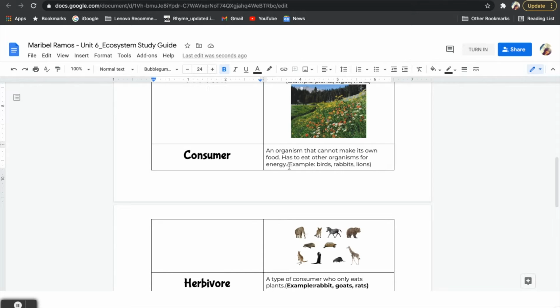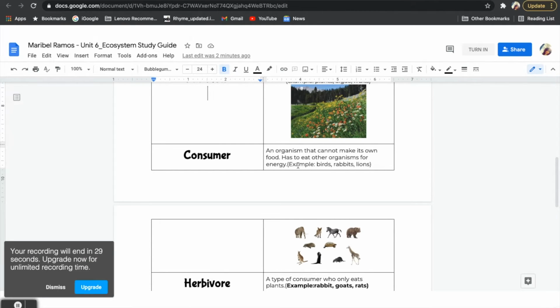Some consumers like to eat certain plants. Other consumers like to eat animals, or some consumers like to eat both. Some examples of consumers are birds, rabbits, lions, and grasshoppers. All these different animals are consumers because they have to eat other organisms.